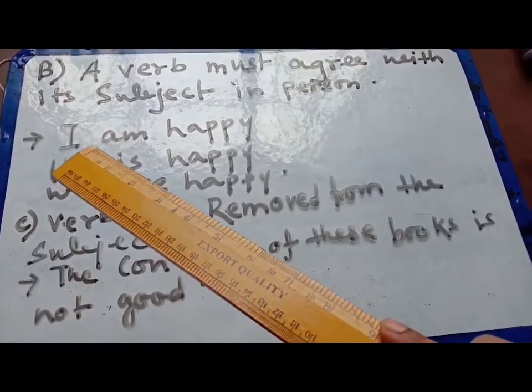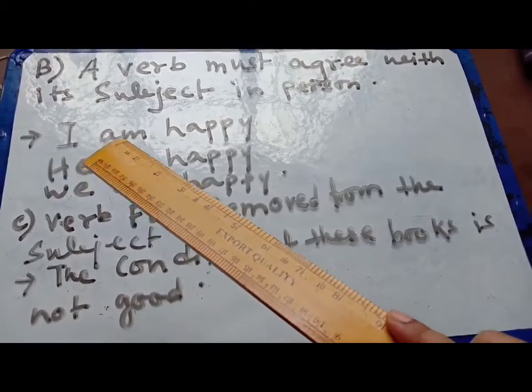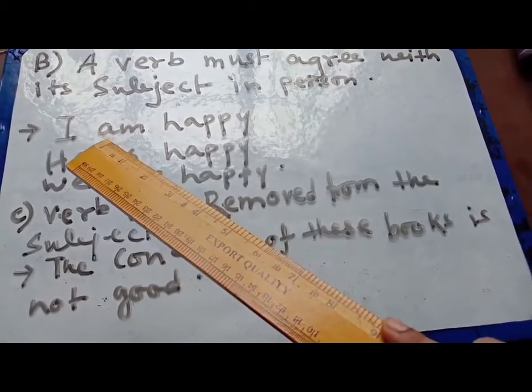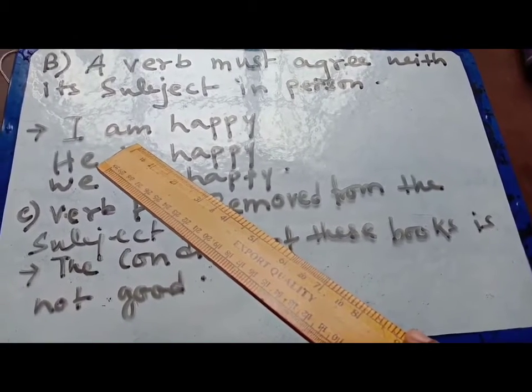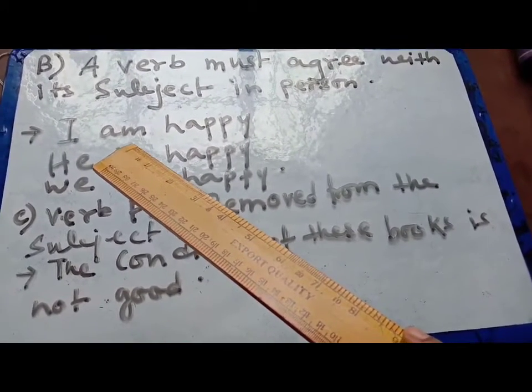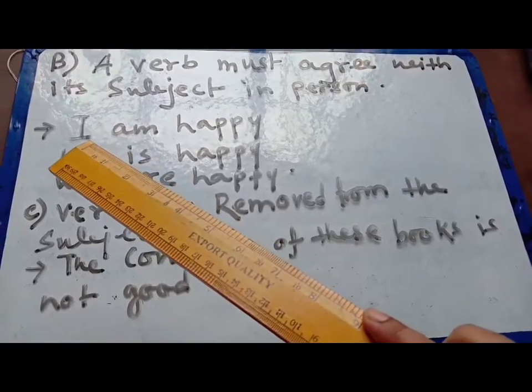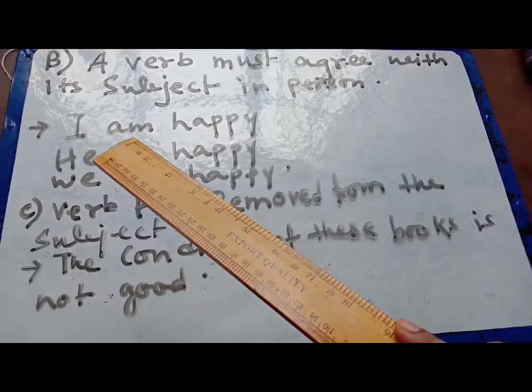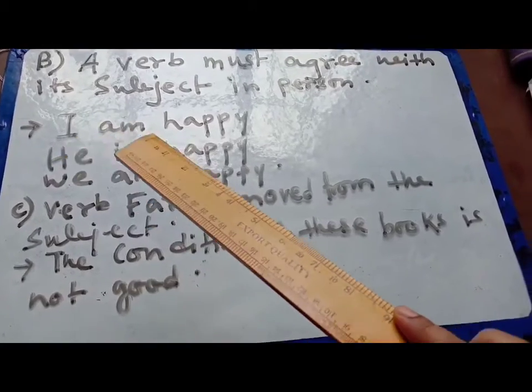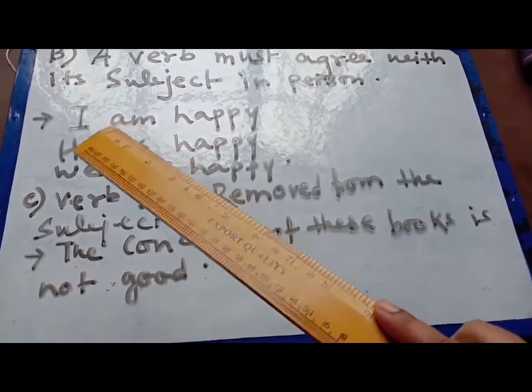I is the subject and the verb is placed very near to it. So we can easily ensure that the two agree with each other. Here I is the subject and am is the verb.